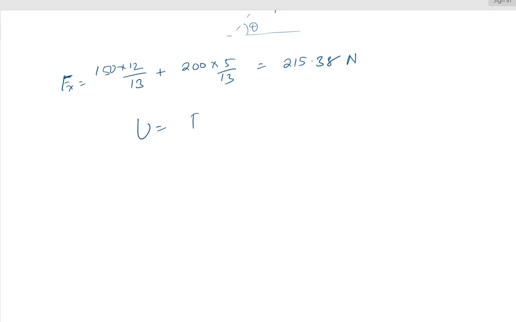Work done U is Fx times S. So 215.38 times 6.5, and we get 1400 joules.